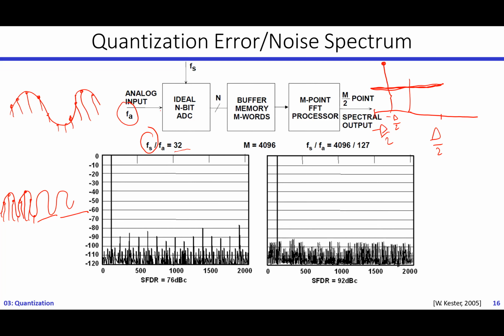If my Fs over FA is an integer ratio, and the ratio between them is 32, this is my input signal. Maybe this is 100 hertz, just let's assume it's 100 hertz.